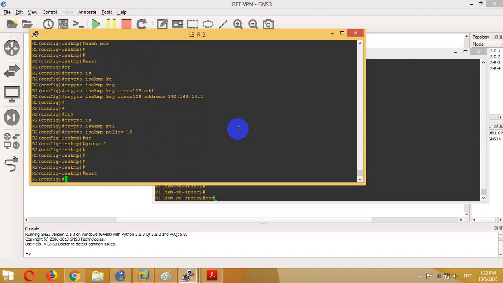Now, as we said, this group member router is going to take its session key from the key server that we configured, which is router 1. Here is the difference between normal site-to-site IPsec VPN and this GET VPN, in the following steps.